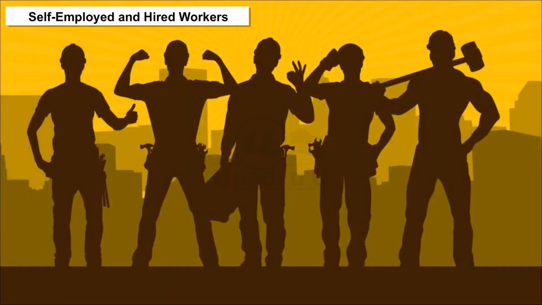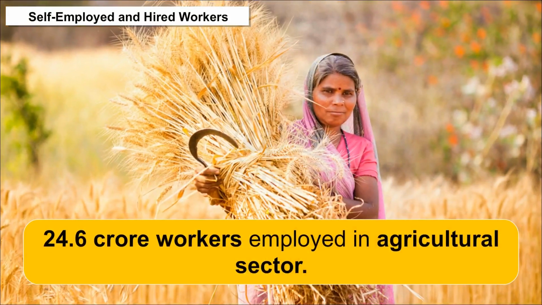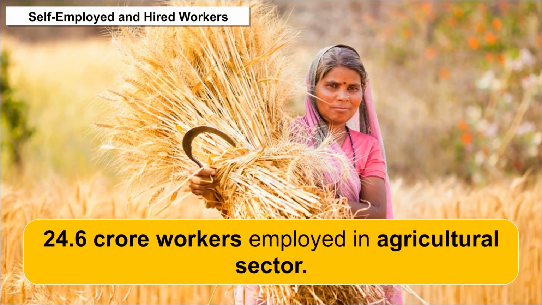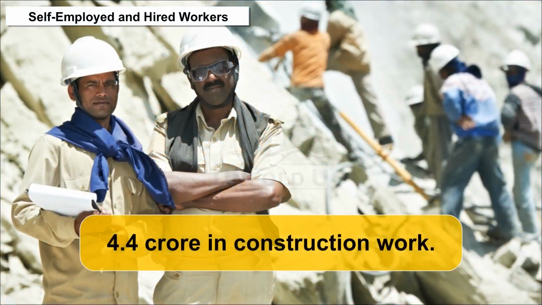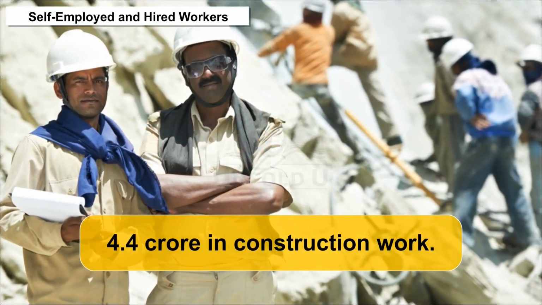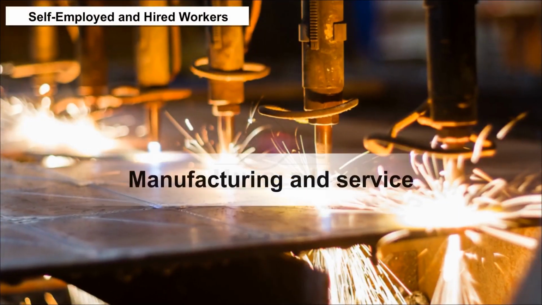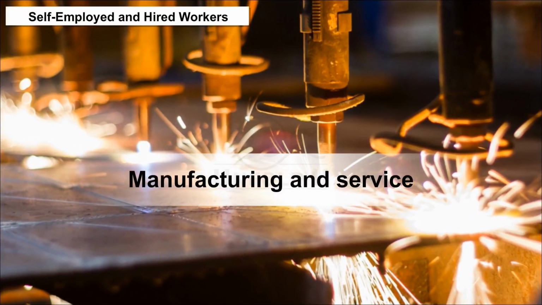Out of these workers in the unorganized sector, there are 24.6 crore workers employed in the agricultural sector, about 4.4 crore in construction work, and the remaining in manufacturing and service.